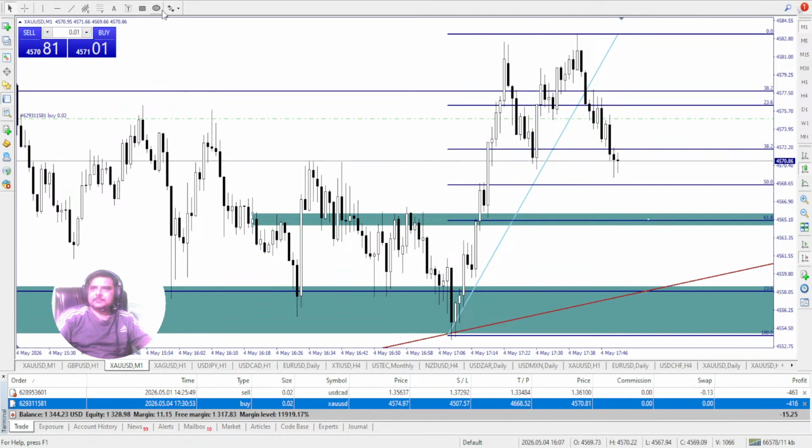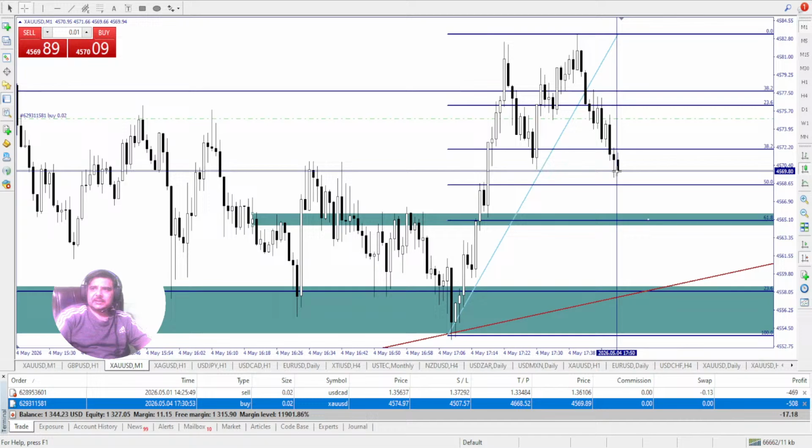Liquidity grabbed, this liquidity taken, liquidated, further liquidity maybe if there is any. There will be a lot, I know it's coming down.